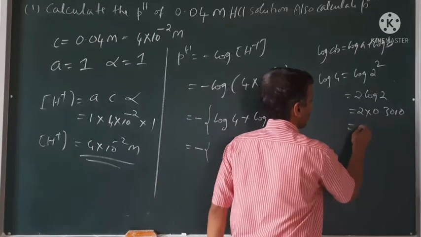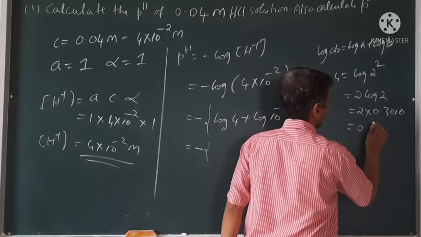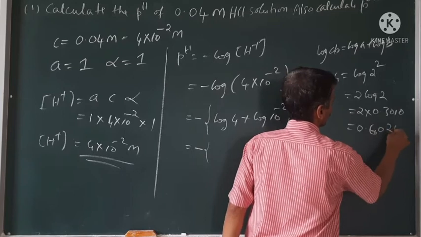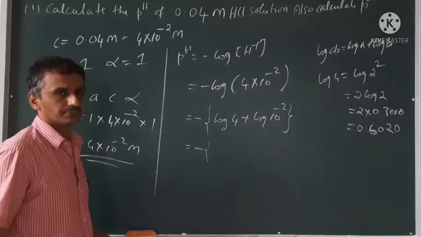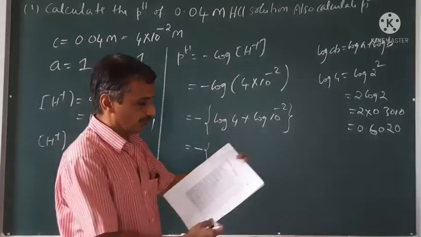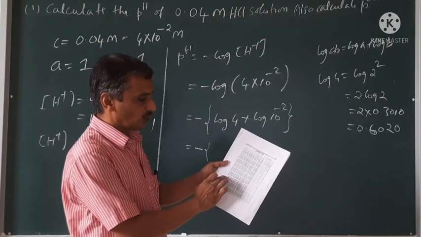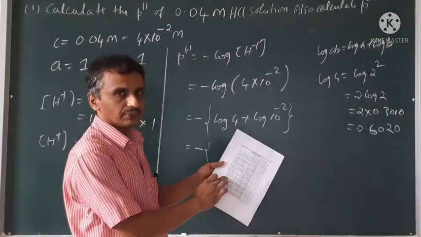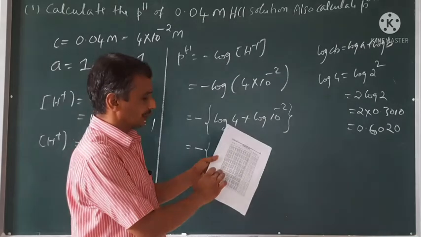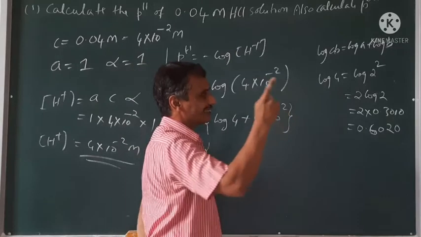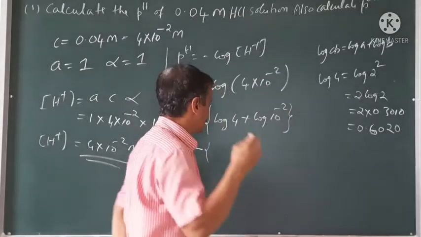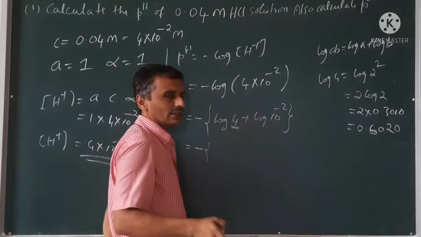So it is 0.6020. Otherwise, you go up to 0.6021 and write that one. But as only one digit is there before the decimal, you write 0 point.